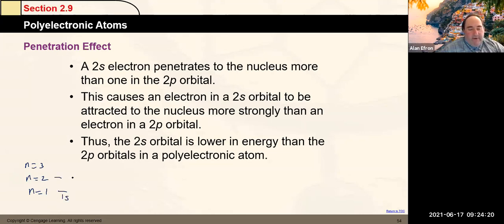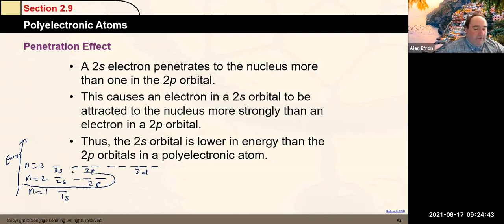We then have our 2s and our 2p orbitals, and our 3s, our 3p, our 3d orbitals. And if this is energy, everybody on the second energy level, all the orbitals, would be perfectly equal in terms of energy. Next would be the third energy level, where all the orbitals are basically equal to each other in terms of their energy.